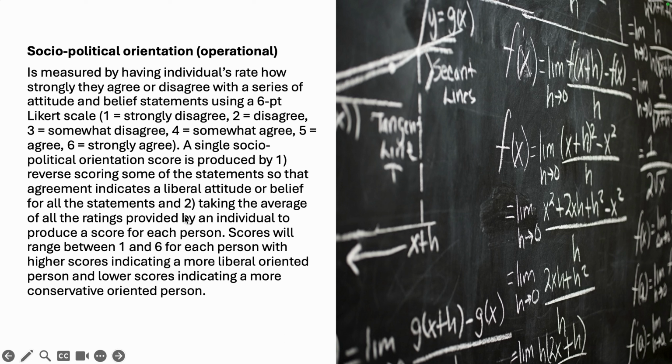So if I take the average of all the ratings of all the statements a person rates, I get a single score that ranges between 1 and 6, where a 6 would be an indication of a more liberal oriented person, and a 1 would be an indication of a more conservative oriented person. So everyone will get a score between 1 and 6. It'll be like 3.28 or 4.79.